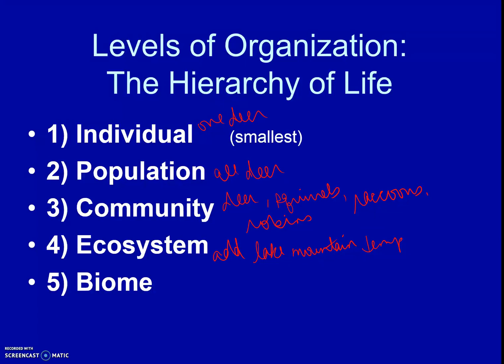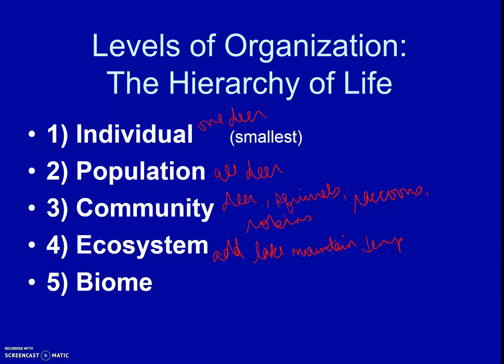A biome is going to be referring to one type of ecosystem that's on various parts of the earth. So for example, we are in a savanna or a grassland biome. We will share similar environmental aspects to other grassland biomes throughout the world.